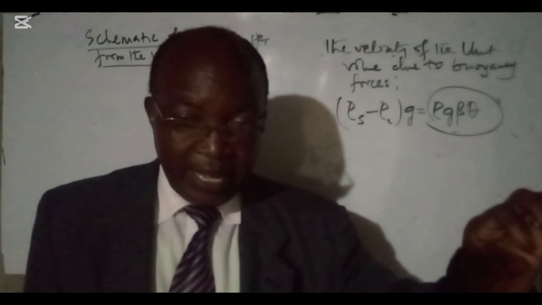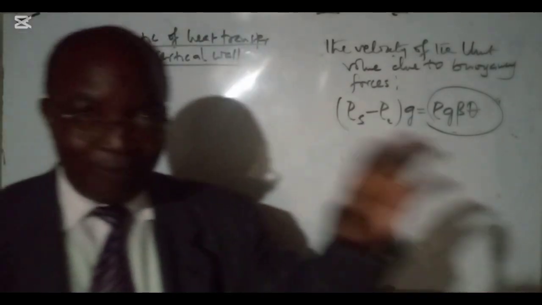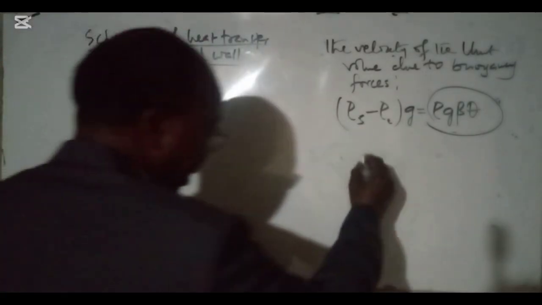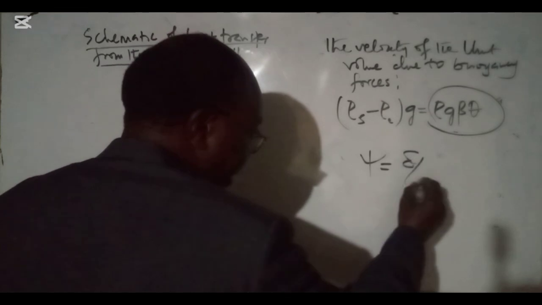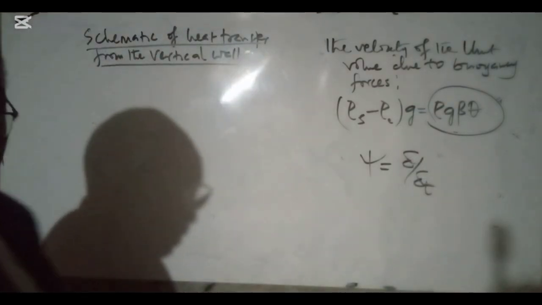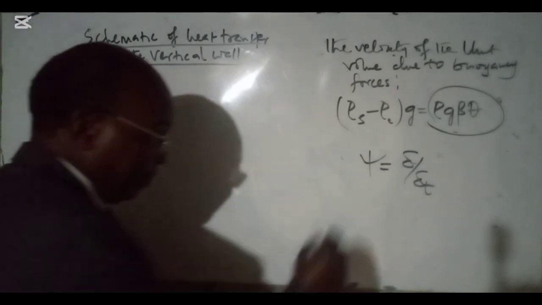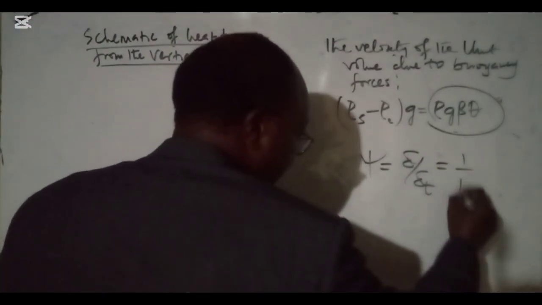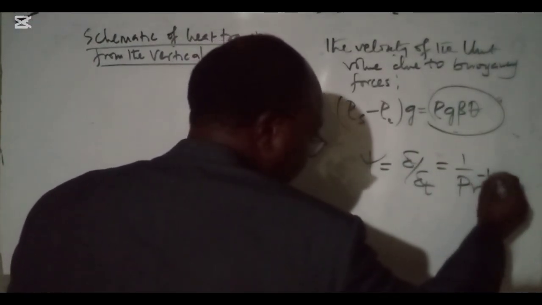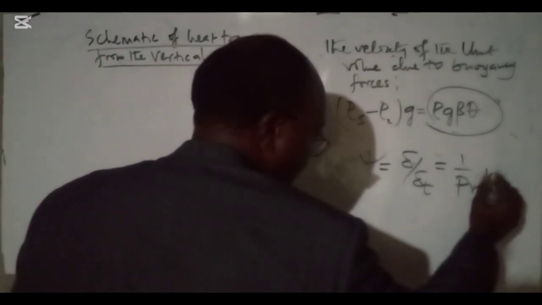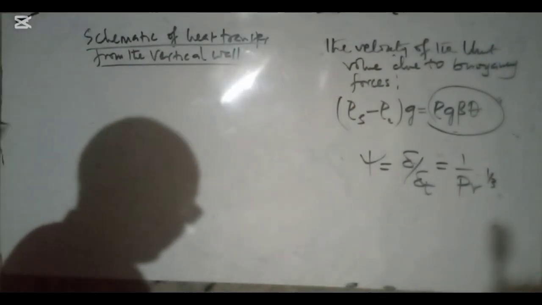And you remember, when we were talking about laminar flow, we saw that the ratio of the boundary thicknesses for the velocity boundary layer and the thermal boundary layer was 1 over the cube root of Prandtl's number.